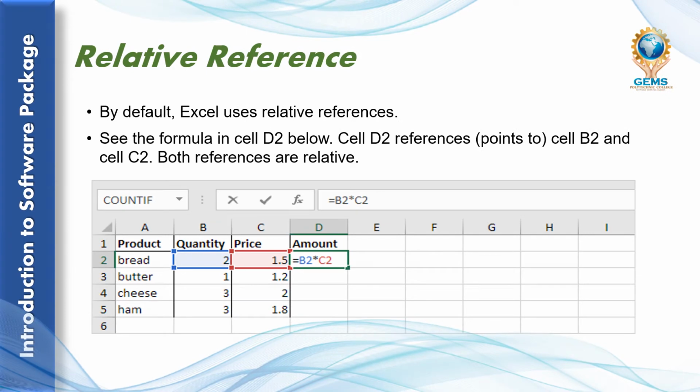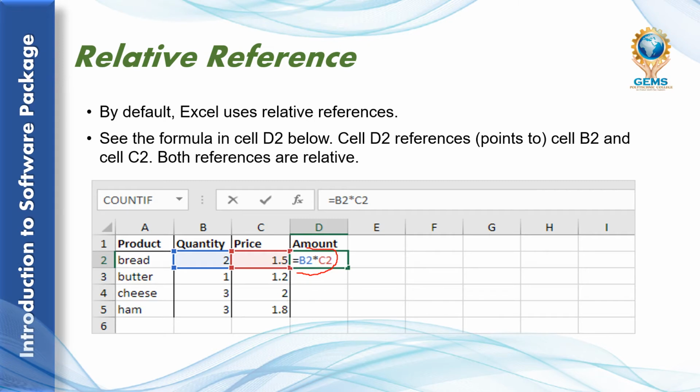Relative references: by default, Microsoft Excel uses relative references. Here in this image we can see the formula in cell D2.